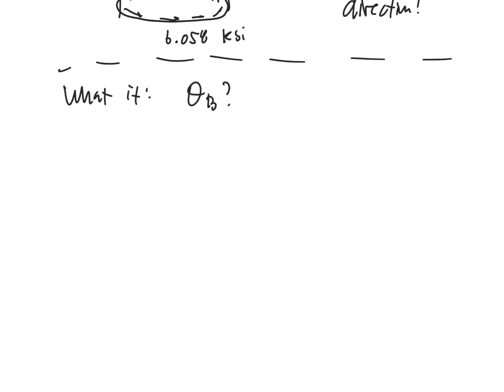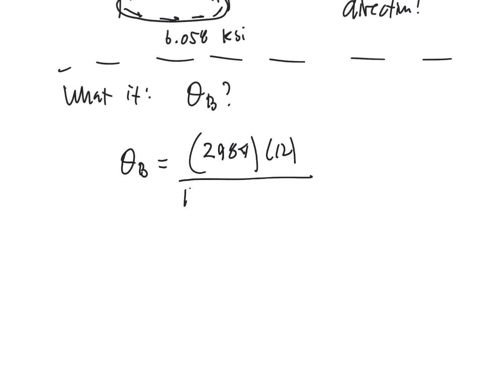So theta of B is equal to the torque, that's 2984, times the length of the segment, which is 12, divided by J, pi over 32 times 1.5 to the fourth, and then the G value that we had for that, remember that was 3.7 times 10 to the sixth. And we would punch that number out, which I didn't bother doing, in radians.